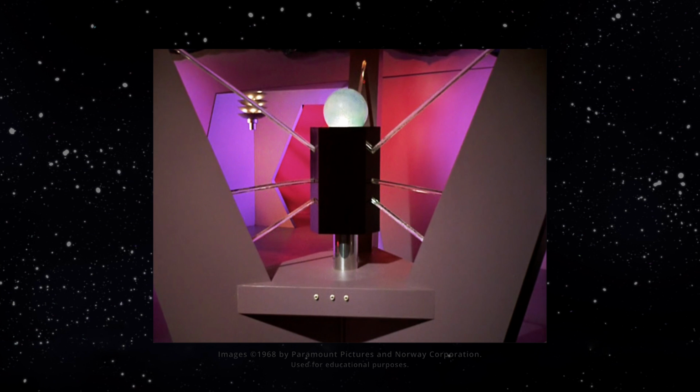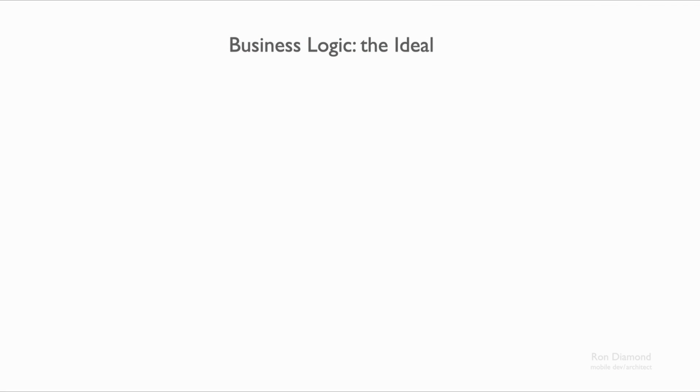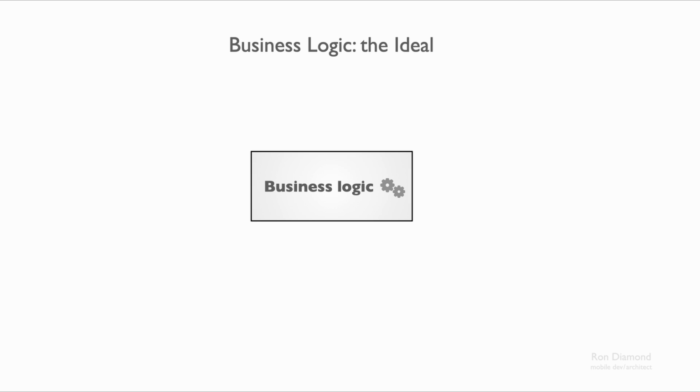It's something like this. Our business logic is the smarts of the application. It processes information and gives us useful results, kind of like that disembodied brain. Now it receives inputs from somewhere, and it doesn't know where, and when it processes those inputs, it then sends off the results to somewhere, and it has no idea where it's sending it to. And that flexibility will really come in handy, as we'll see.